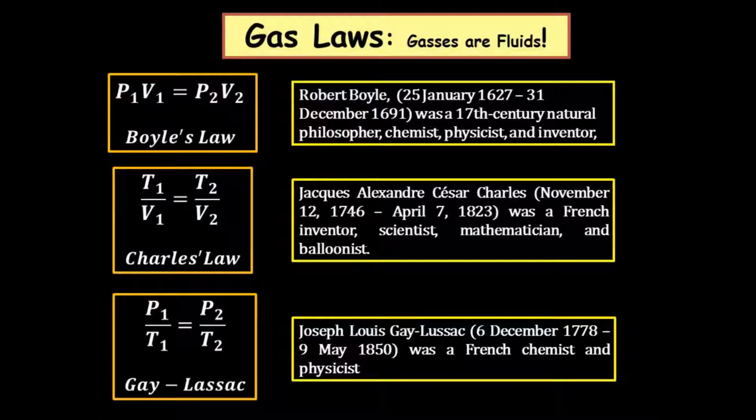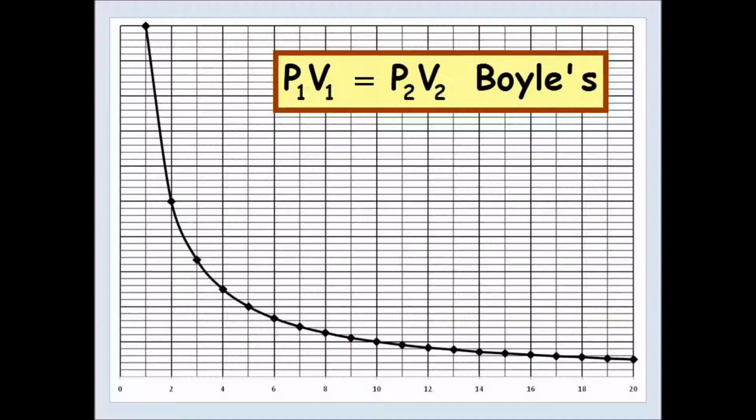A lot of Charles' laws was unpublished, and Gay-Lussac very kindly published his works and gave him credit for things that he also discovered. Gay-Lussac was also a French chemist and physicist. Long time ago, gases were a big topic in the 17th and 18th centuries.